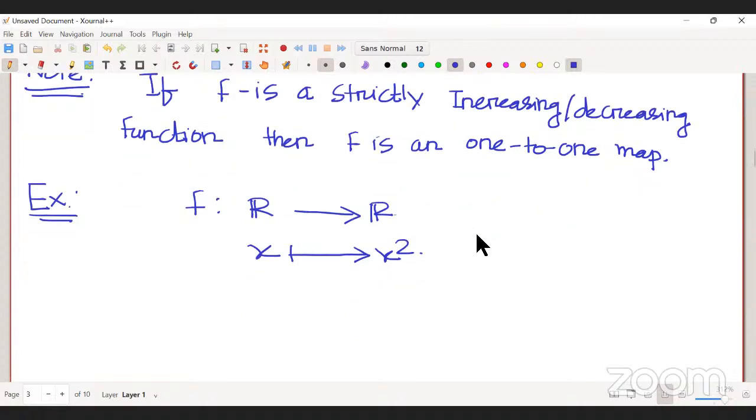But it fails the horizontal test. We know this is not one-to-one. That means it cannot be strictly increasing, and it cannot be strictly decreasing. So it is neither of them. This is an easy way to check whether a function is strictly increasing or strictly decreasing or not.